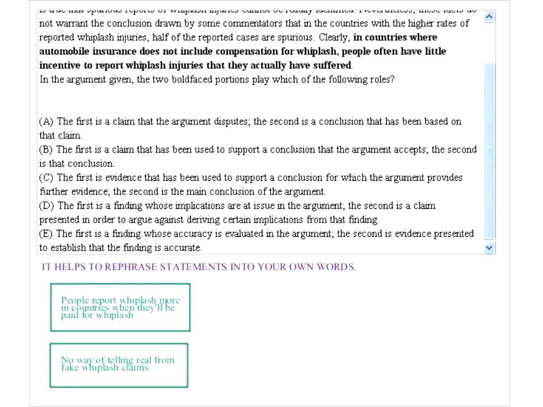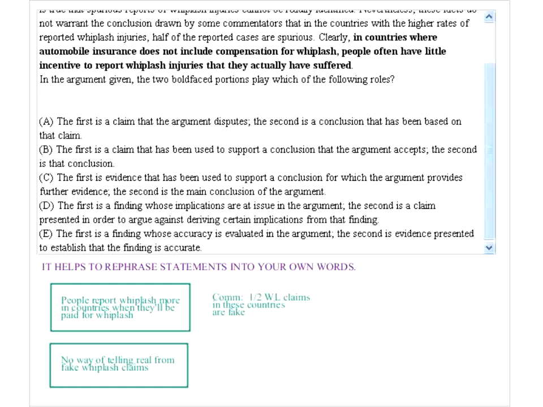Commentators, this is actually two kinds of statements. The facts don't warrant the conclusion drawn by some commentators that. So that's really two things. Let's untangle them. Commentators say half of whiplash claims in these countries are fake. And then the argument says commentators are wrong.